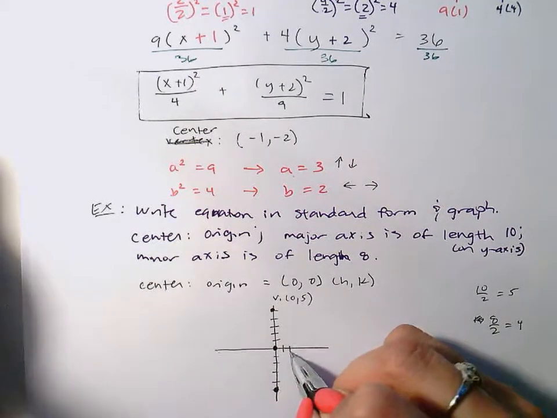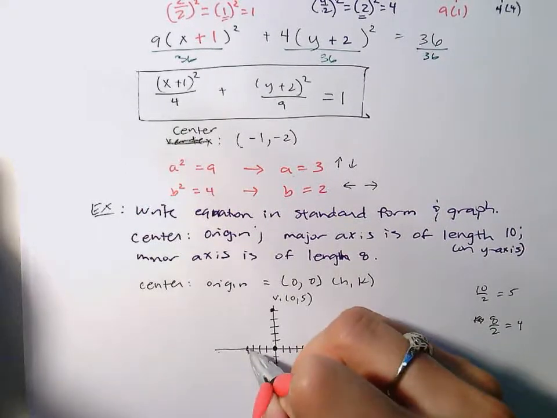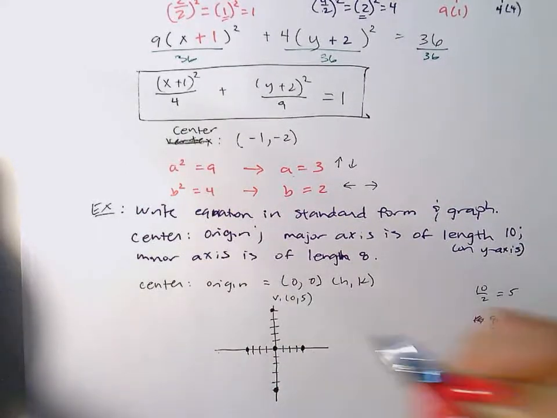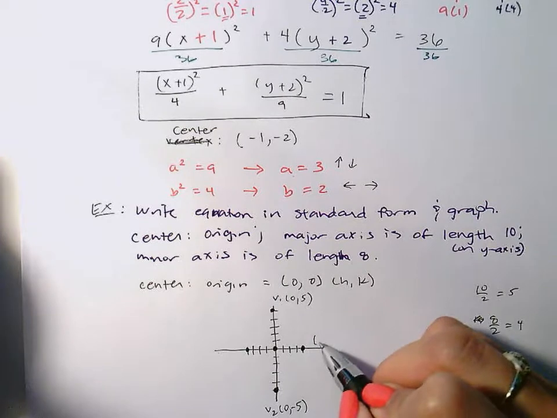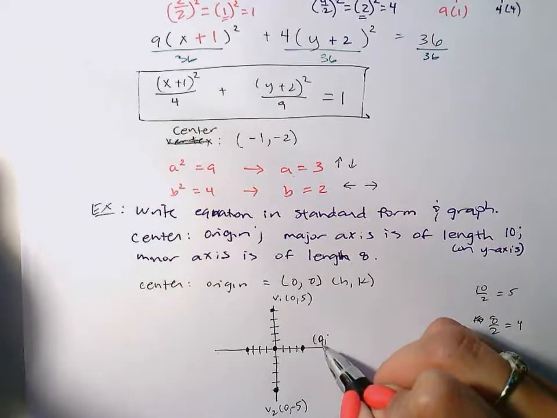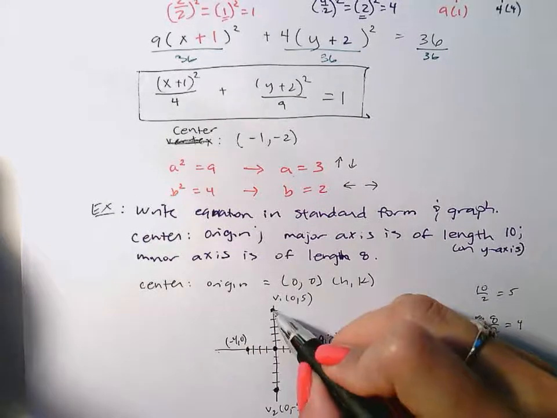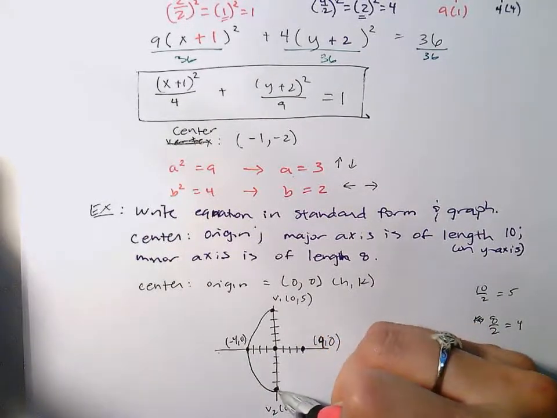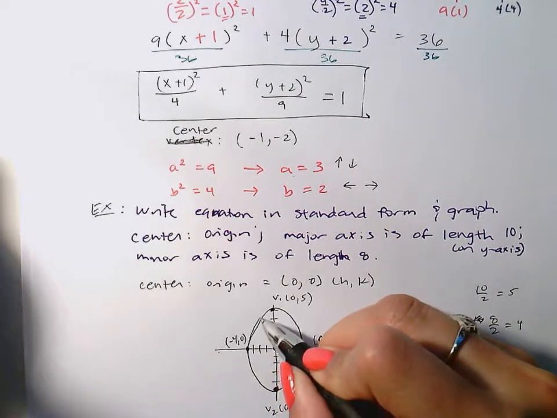So we're going to go 4 units to the right and 4 units to the left. A point on the minor axis is 4, 0, and the other is negative 4, 0. And then we're going to go ahead and graph this, so connect these with the ellipse.